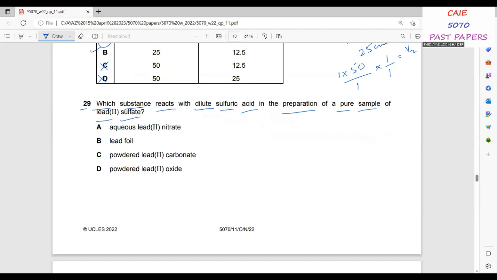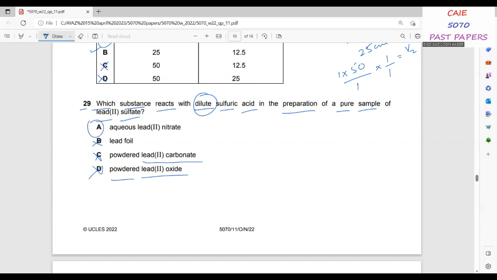So you can't react lead directly with the dilute acid. You need concentrated acid. So B is the wrong choice here, and you can't take lead carbonate. It's also insoluble. In that case, you need concentrated sulfuric acid. In case of D, again you can't take powdered lead oxide. You need concentrated sulfuric acid.